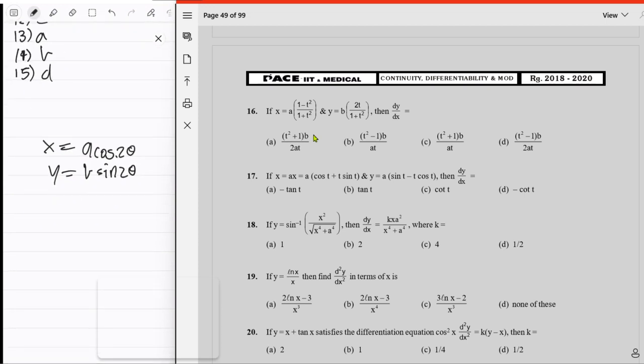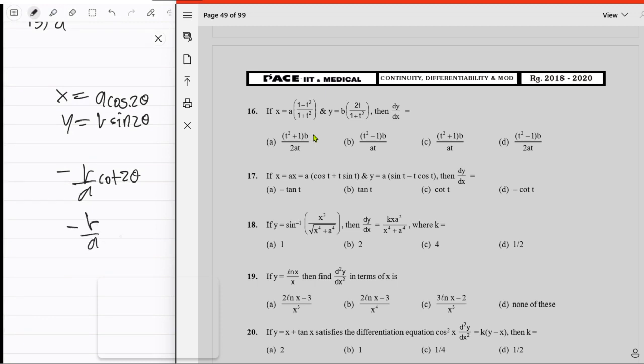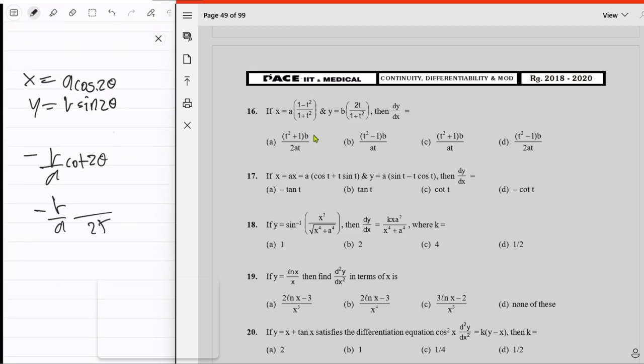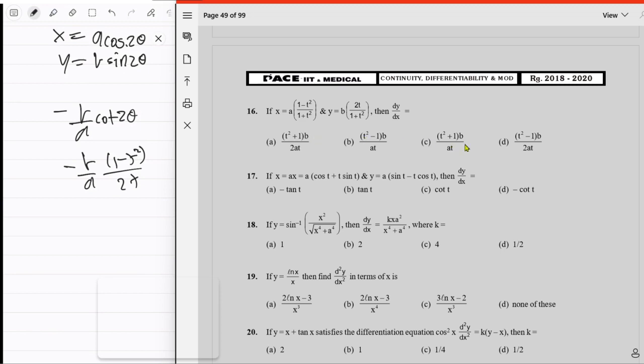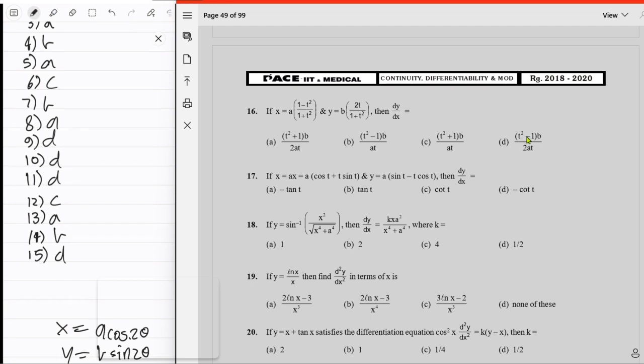Then dy upon dx is just negative b upon a cot 2 theta, which is negative b upon a, and then in the denominator we got 2t, and then 1 minus t square, I guess. Yeah, that's what dy upon dx is. So it's t square minus 1 upon 2at times b, which is D.